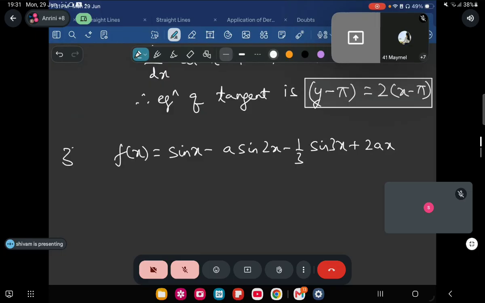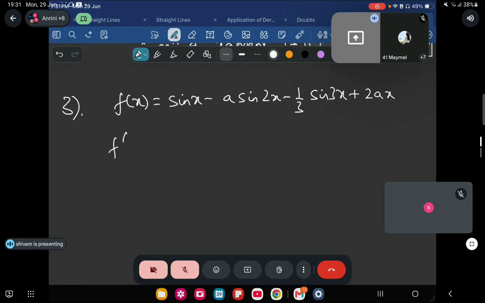This is number 3. Put f dash x equal to cos x minus 2a sine 2x. Sorry, minus 2a cos 2x minus 3 by 3 cos 3x plus 2a.